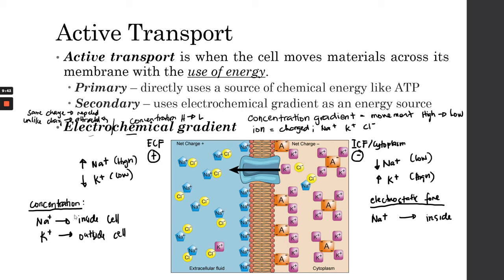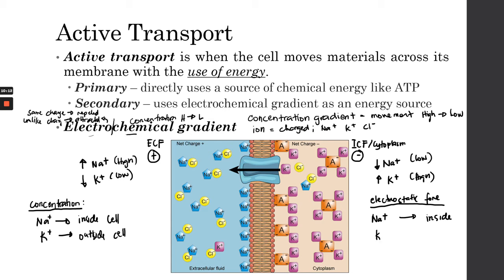So for the sodium, there are two forces acting, forcing them to go inside the cell. That is the concentration gradient and the electrostatic force. So sodium would always want to go inside the cell if there is a way for it to go inside. If, for example, there's a channel protein that opens for it to go inside, it will go inside because we have concentration gradient and electrostatic force forcing the sodium to go inside.